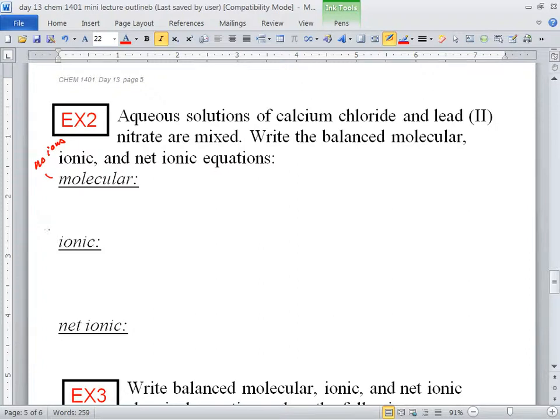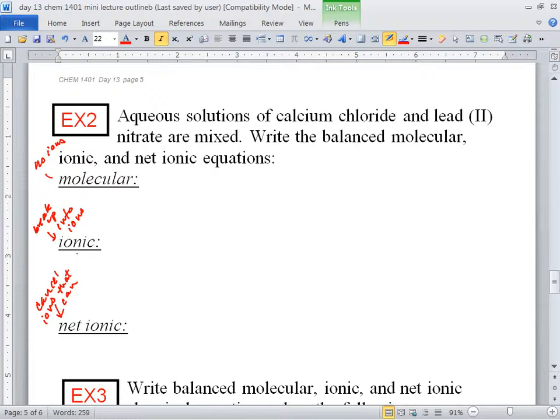Ionic, right? Break up everything into ions. Net ionic, cancel any ions that you can. So if you see a sodium ion on both sides, you just cancel it. Okay, that's the game we're playing.